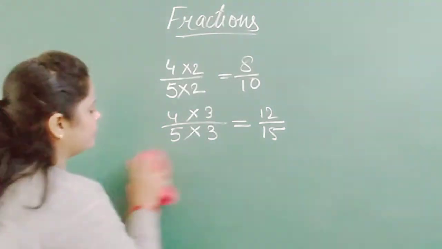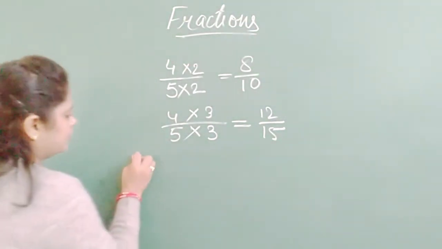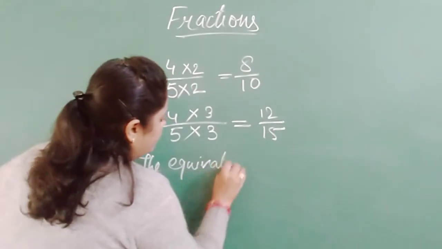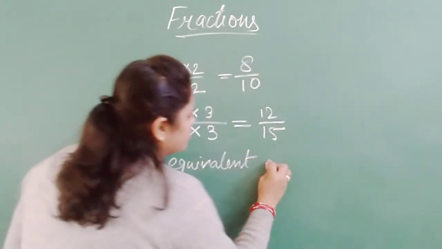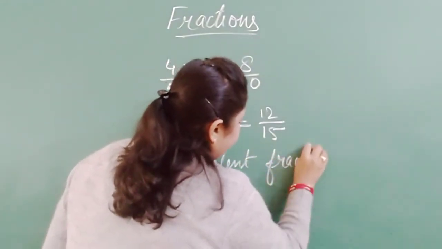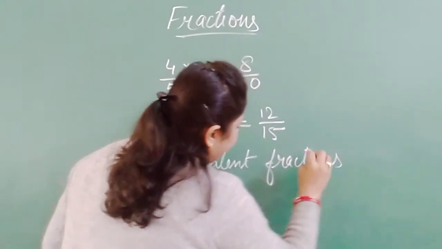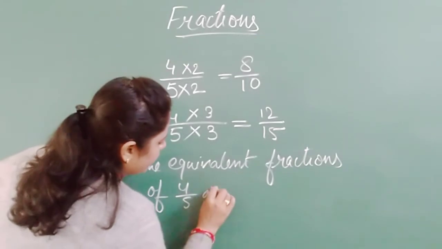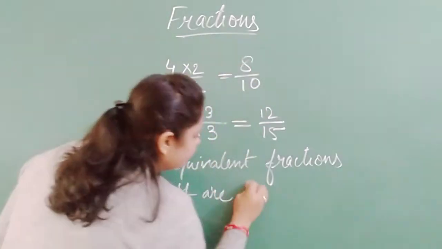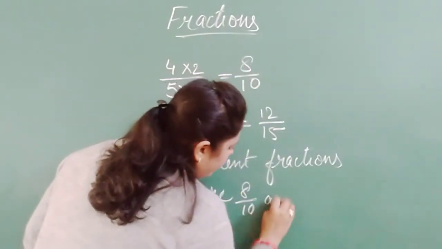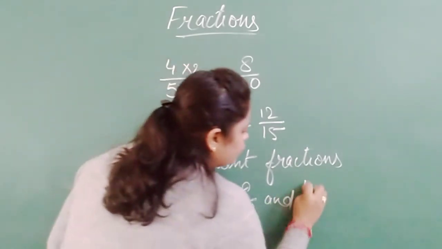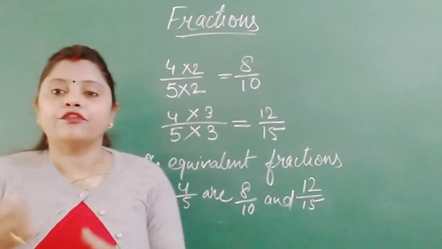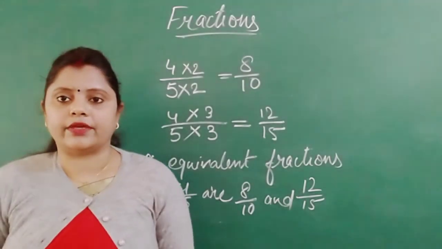So we can write here the equivalent fractions of 4 by 5 are 8 by 10 and 12 by 15. So we can find the equivalent fraction in this way.